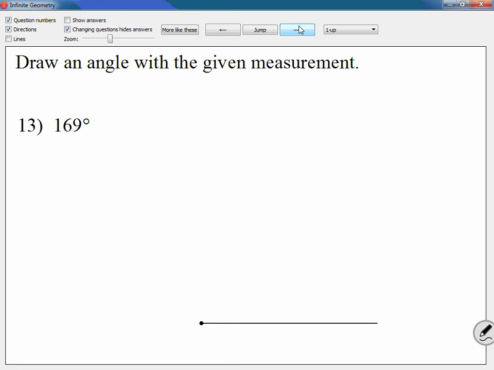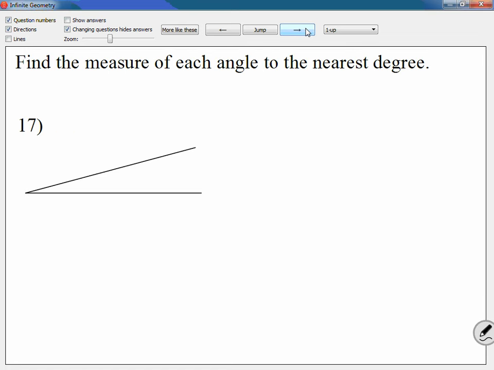And then the last thing, we have to measure angles. Use your protractor and measure it. In my case, I get 15 degrees. I put it right on the vertex. My 0 and my 15 were crossing each other, so 15 minus 0, I get 15 degrees.